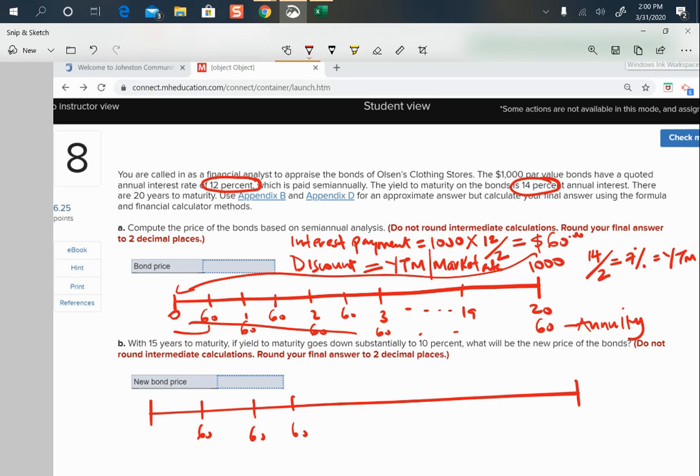Instead of being 14%, the yield moves down to 10%, and therefore your rate per period is going to be 5% and not 7% as we were doing. The payment will still be $60 because we move from A to B, so the payments will be 60, but then the market rate changes to 5%. Given that reasoning, how does this change the value of the instrument?